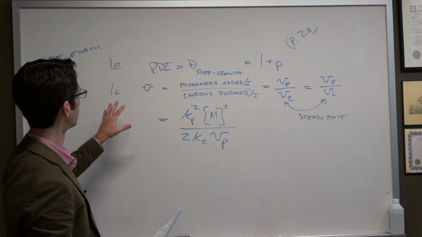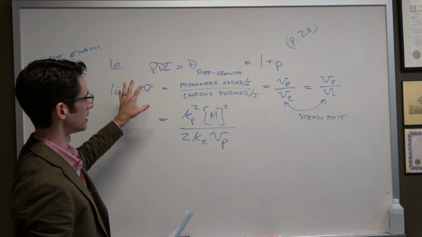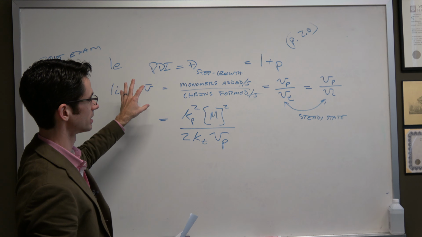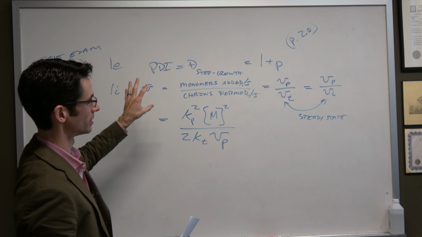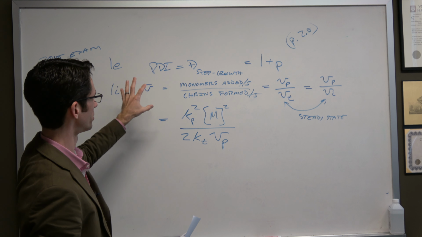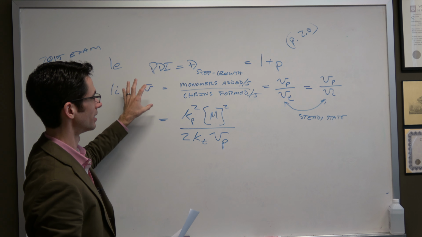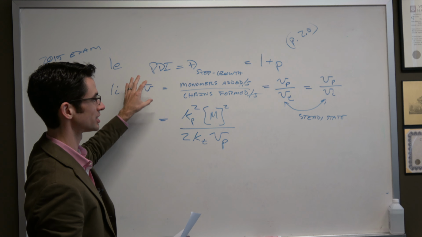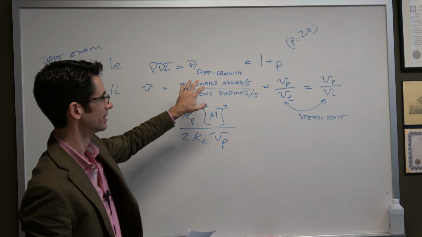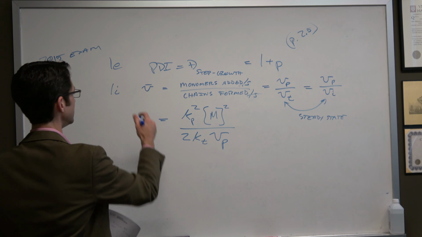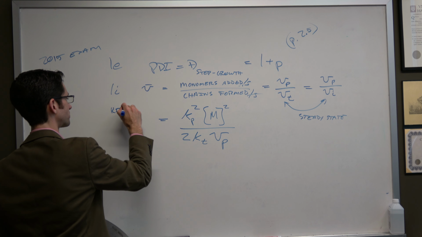So what do we know based on the kinetics of the termination? What do we know based on the kinetics? Is that the chains should have this length. So this is the kinetic chain length.